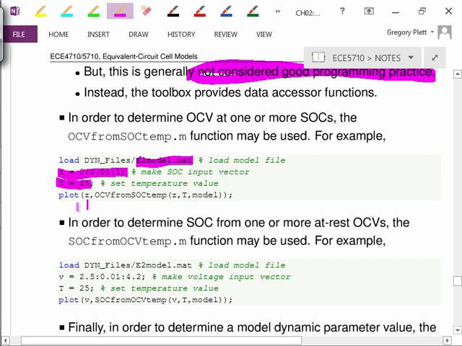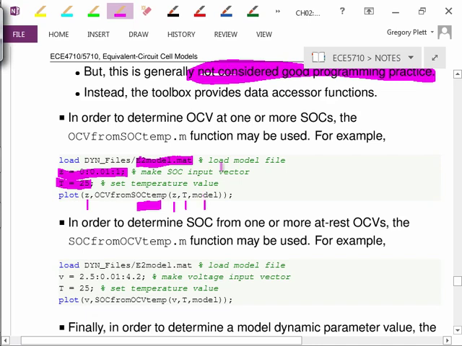My independent variable is the z variable, and then my dependent variable is the function OCV from SOC temp evaluated at the z vector, the t number, and using this model that was loaded from the file.